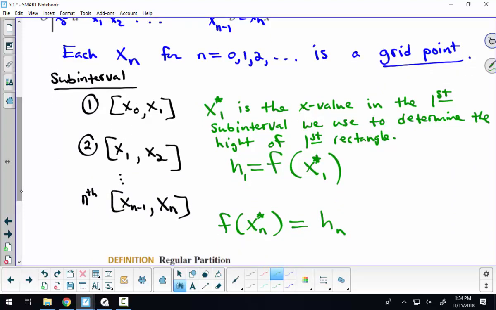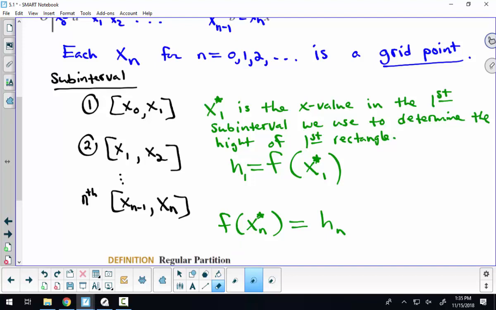So that's the idea. The x star sub 1 is the x value in the first subinterval or the first rectangle that gives us the height of the rectangle. In other words, the height of the first rectangle is the function evaluated at x star sub 1. The height of the nth rectangle is the function evaluated at x star sub n.